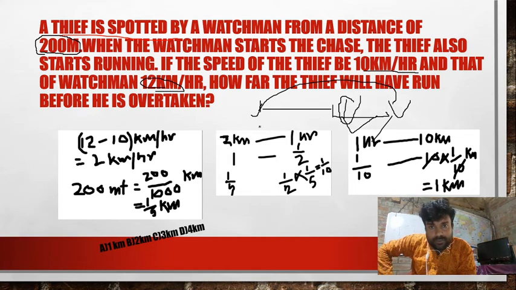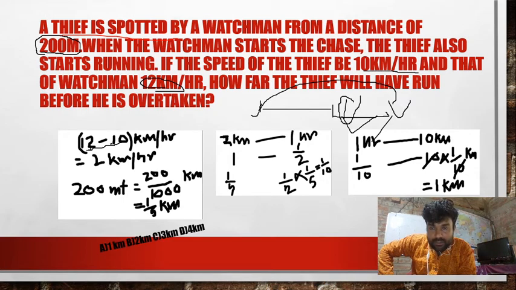First, we cover the in-between gap with the excess speed, the higher speed taken by the watchman.